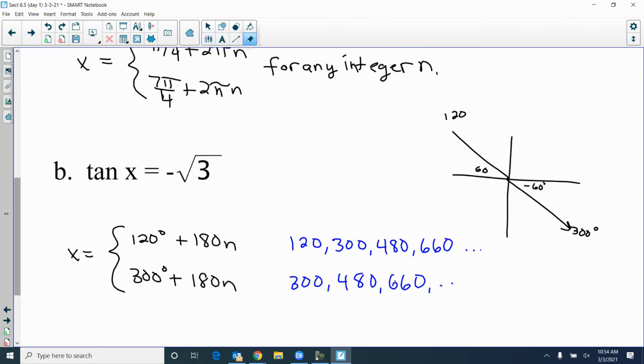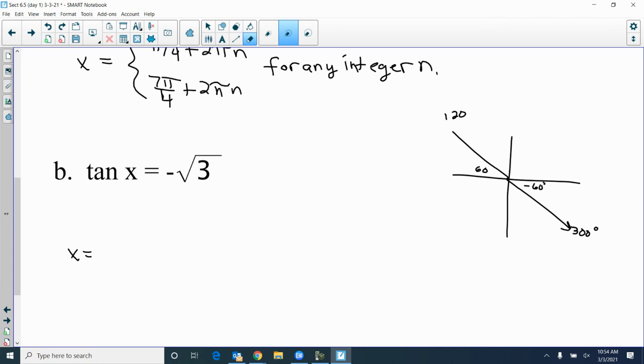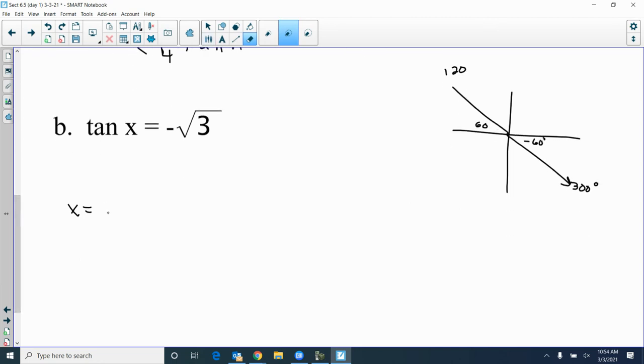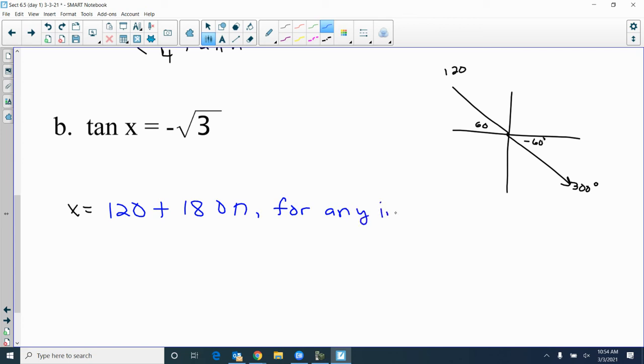So on this, we are going to just list 120 plus 180n for any integer n. That's only for tangent and cotangent, because cotangent has the same property.